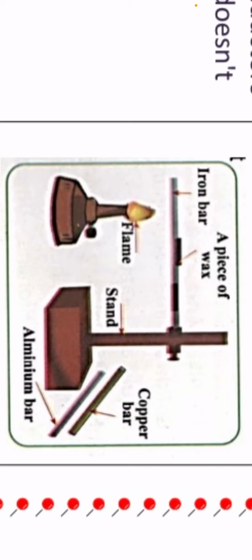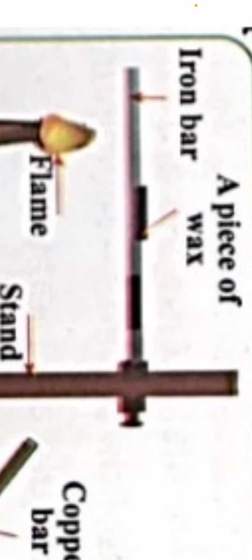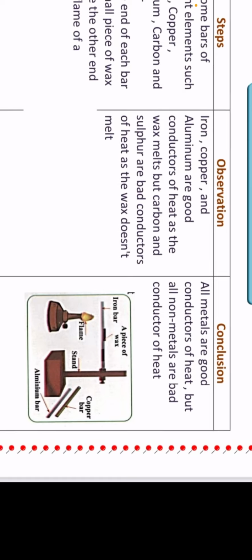Again, when I use an iron bar, the piece of wax melts. When I replace it by sulfur or carbon, it doesn't melt. Why? It melts because the iron bar takes the heat from the flame and lets the heat pass until it melts the wax, okay? While carbon doesn't let the heat pass through it. By the meaning of what?